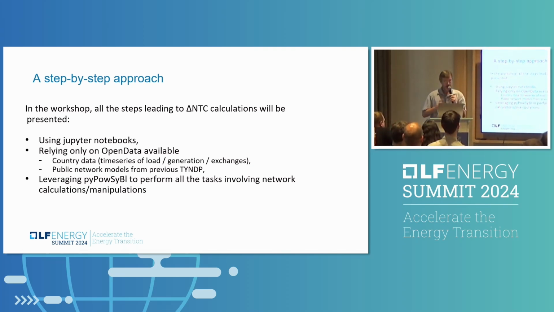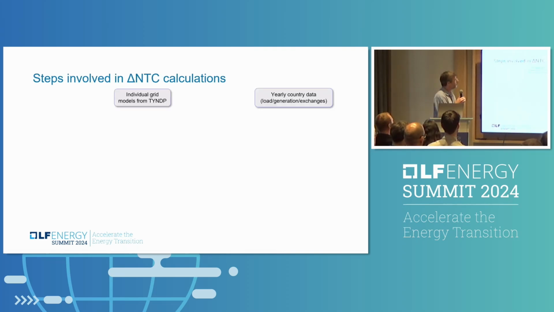So in the next slide, I will present the global picture and all the steps involved in the ΔNTC calculations. The start is individual grid models, coming from the TYNDP, and also the yearly country data: load, generation, exchanges.